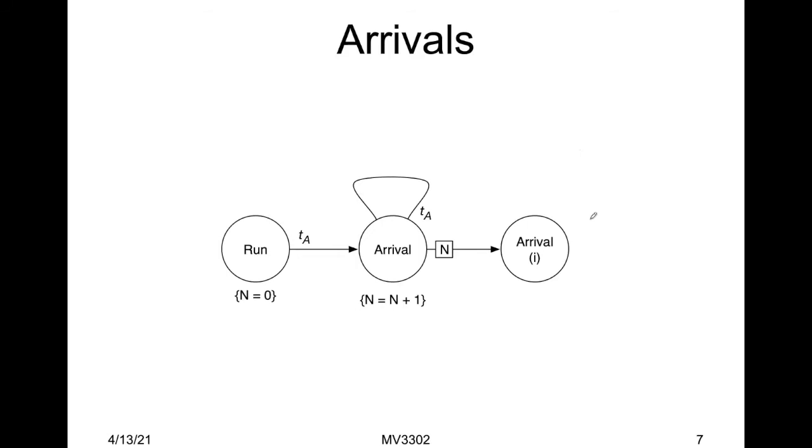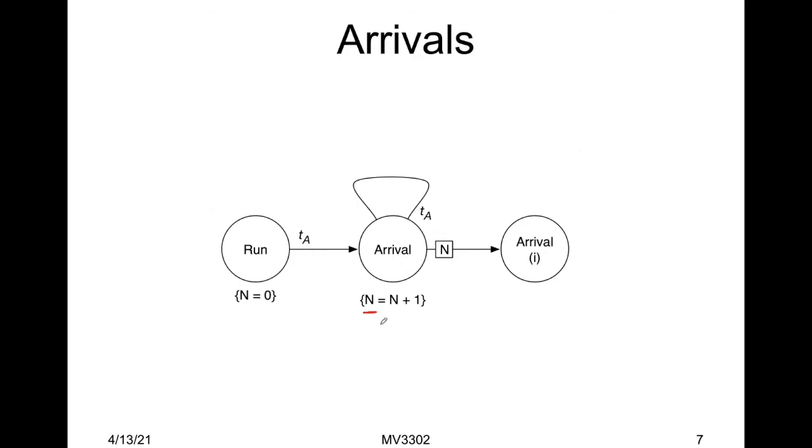Well, since you asked, I can take my basic arrival process, and remember that the arrival process had as a state variable the number of arrivals. And since the number of arrivals is always increasing, never decreasing, that means that the number of arrivals is actually the first customer, second customer, third customer, et cetera.